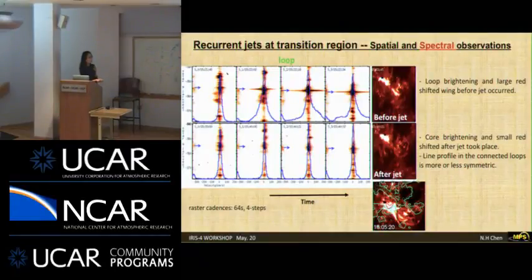So the line profile can be described by a simple Gaussian fitting to point out what's happening. And after the jet, everything is gone, and the line profile shows you just a very simple cold brightening, and it tells you that most things are symmetric.